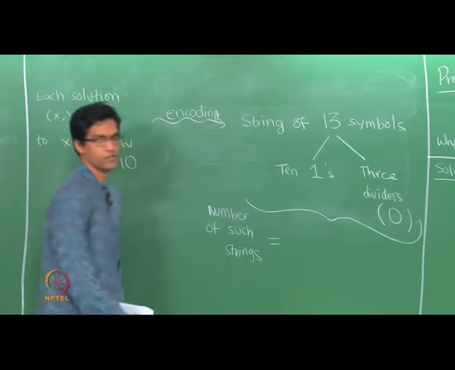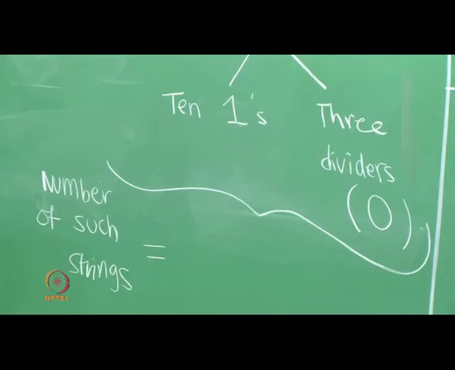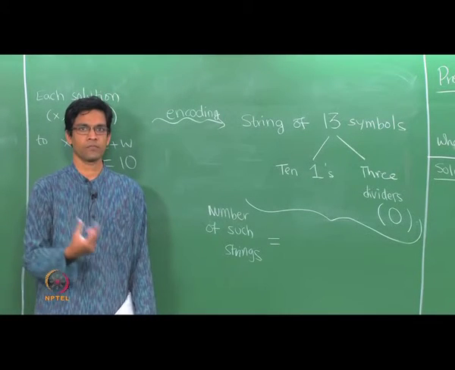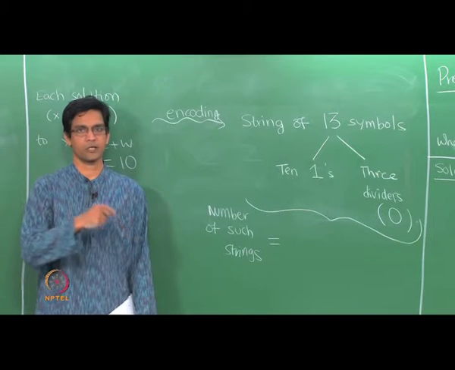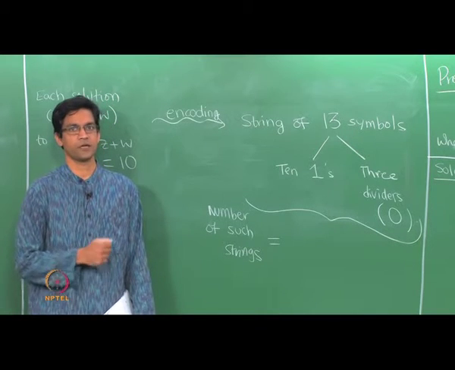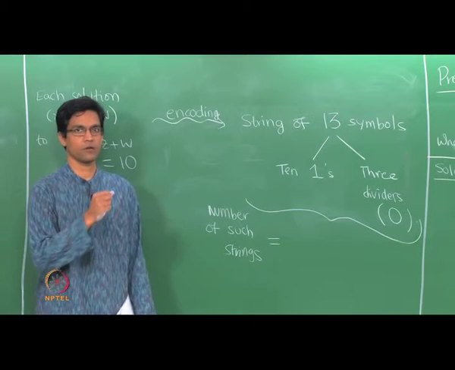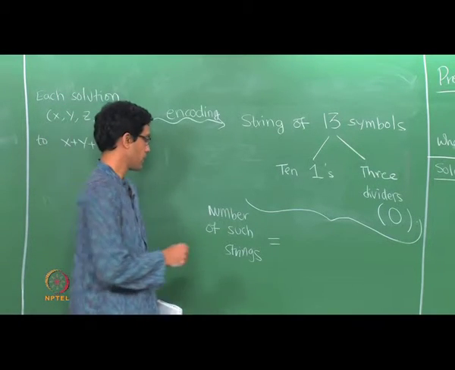Recall that in one of the earlier lectures, we talked about writing out strings of A's and B's. We said the number of strings of length n which contain r A's and n minus r B's is just n choose r, because you just have to find the positions where the A's occur. Now this is similar.